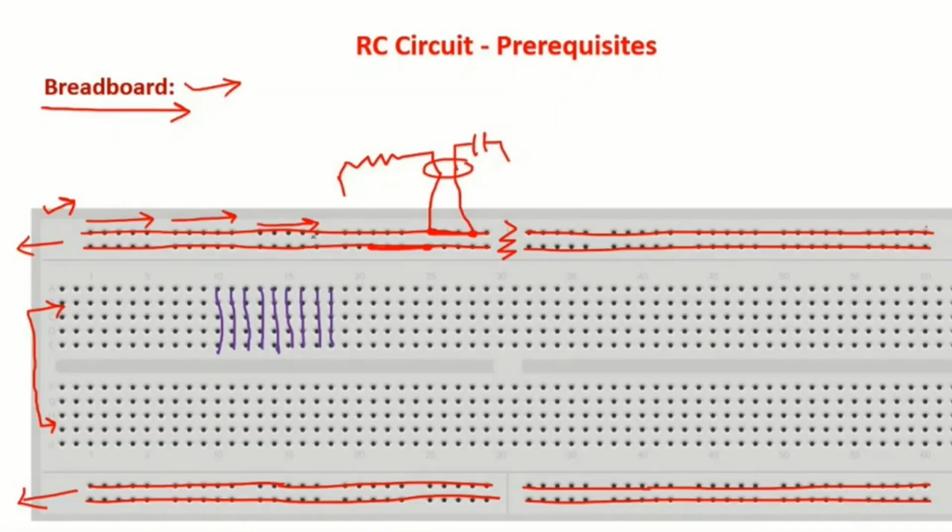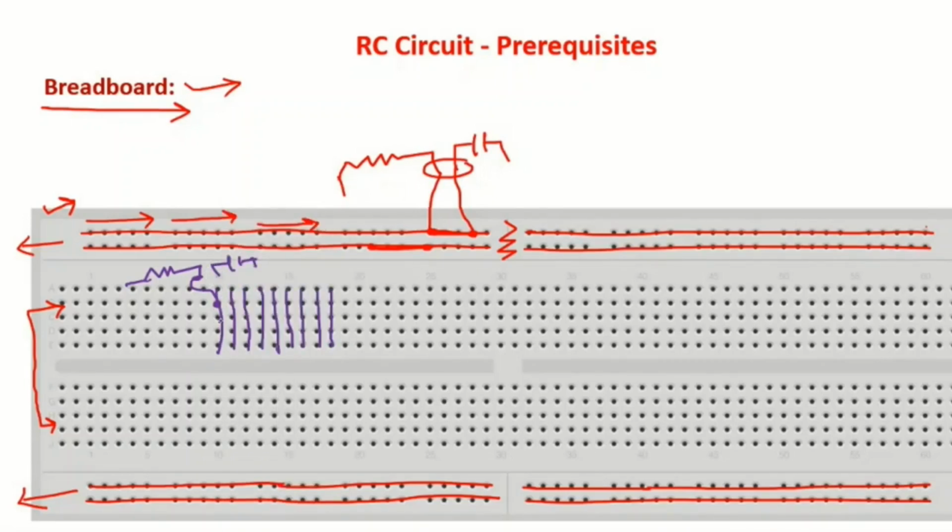For example, similarly, if I want to connect this end of a resistor and this end of a capacitor together, then I need to connect this resistor somewhere here and this capacitor in any of these vertical holes.